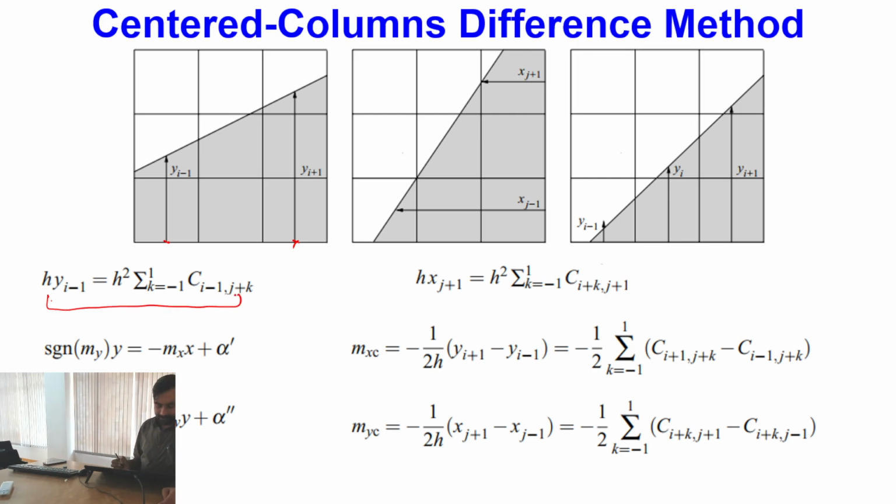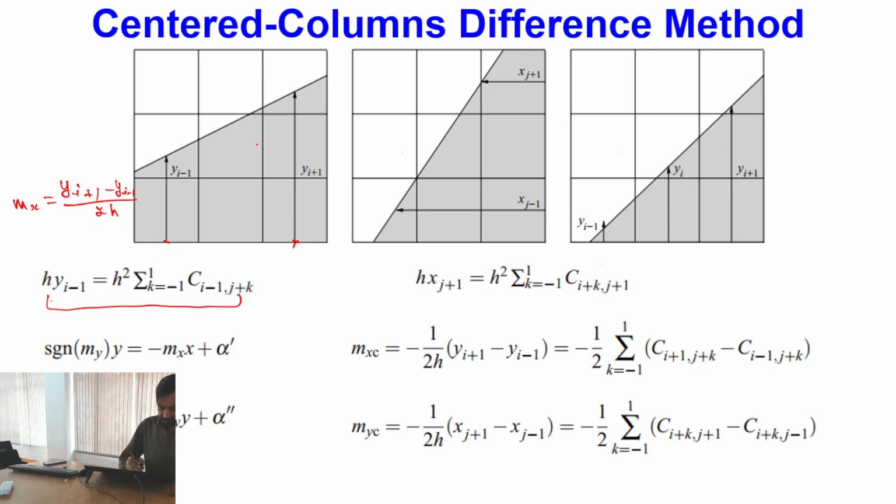Once we have calculated the height function, then the slope in x direction I can easily calculate by using y at i plus 1 minus y at i minus 1 divided by 2h. Okay, so this is how I have calculated the slope.